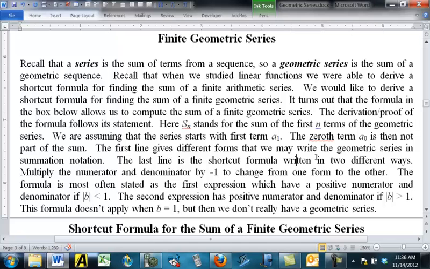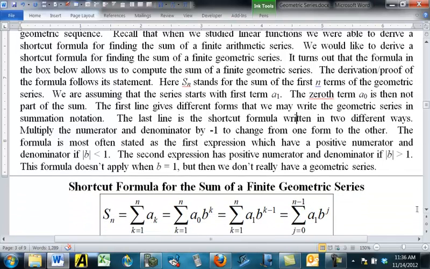And in the notation below, you're going to see this first line right here. This line gives you several different ways you might write the sum out. Remember, we use this capital sigma for meaning add them up for the sum of some kind of series. So we're adding the term a sub k, the first n terms from 1 to n. So that's going to be called S sub n.